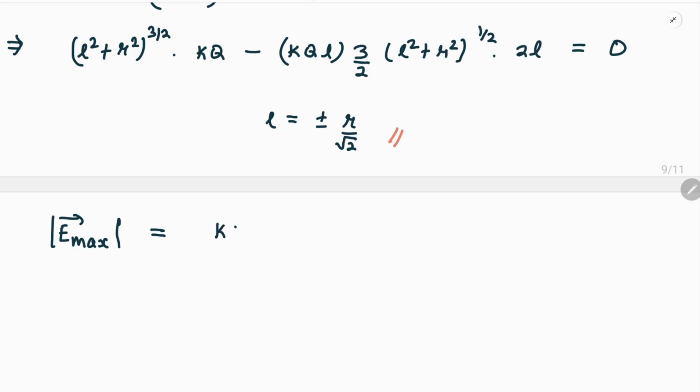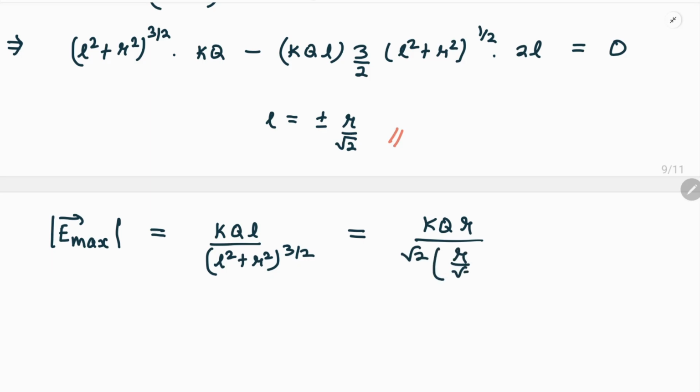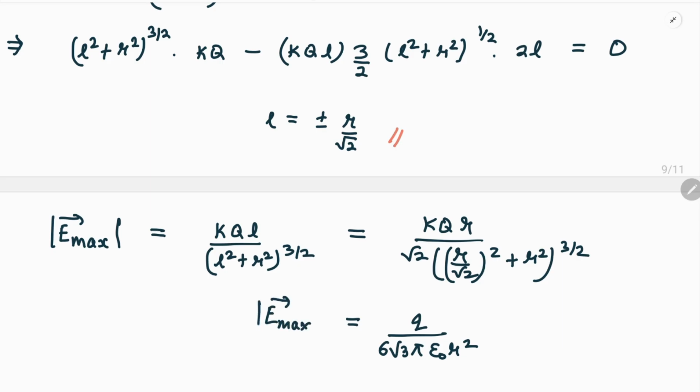So we can write it as KQL upon L square plus R square to the power 3 by 2, and this can be written as KQ R by root 2 upon R by root 2 square plus R square to the power 3 by 2, and on solving we obtain this value as Q upon 6 root 3 pi epsilon naught R square. So this is the maximum value of electric field strength, and it is at the point R by root 2.